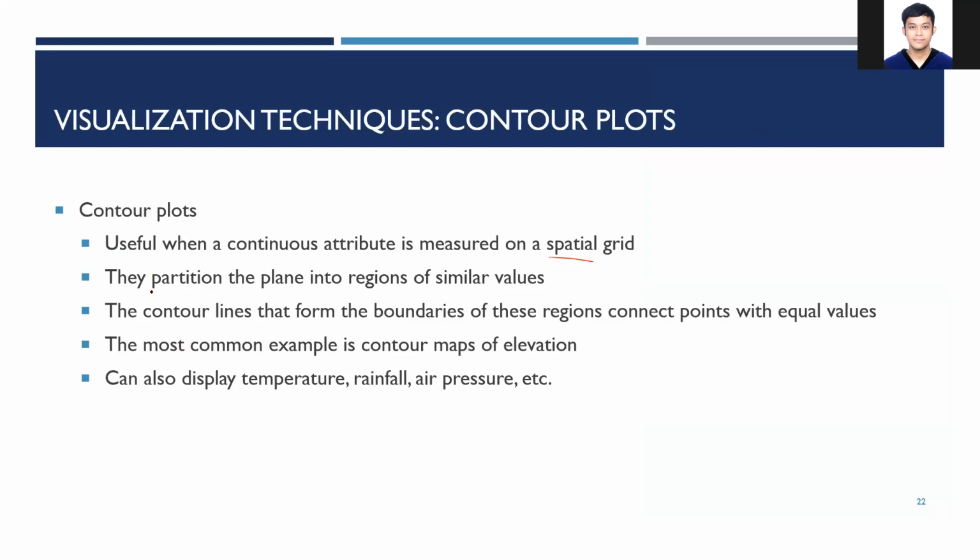Okay, and then the most common example of a contour plot is contour maps. Yeah, for example, like that, contour maps. But it also can display, for example, temperature, rainfall, air pressure, because, for example, temperature in different areas is different. Rainfall rate for different areas, of course, has differences. Yeah, so the key point here is this one.